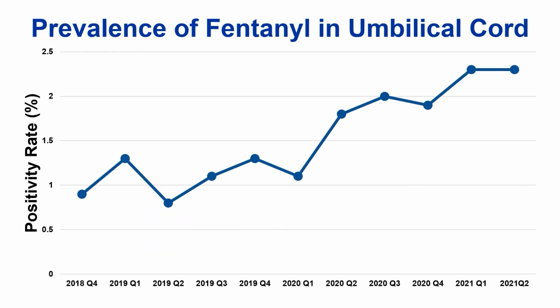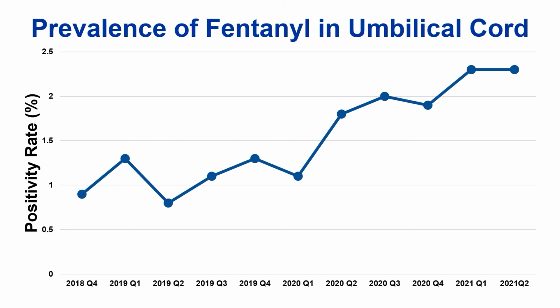USDTL launched this assay back in the fourth quarter of 2018, and we have seen a significant increase in the prevalence of fentanyl in umbilical cord over time. And we wondered what it would look like if we broke out the positivity rates according to the timeline of COVID.